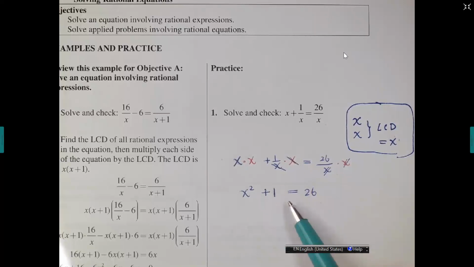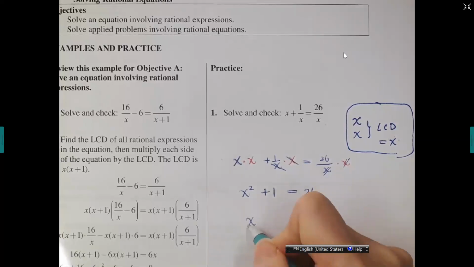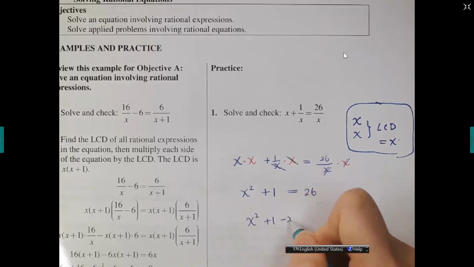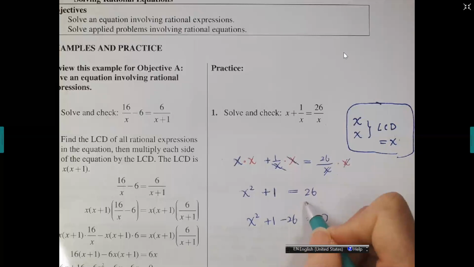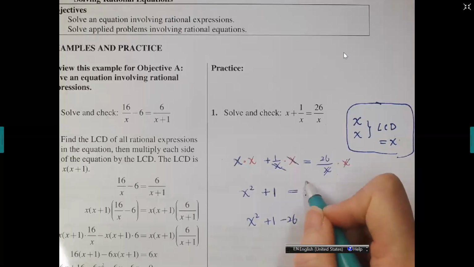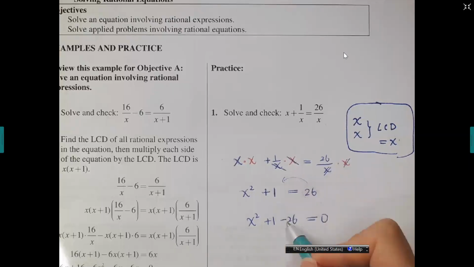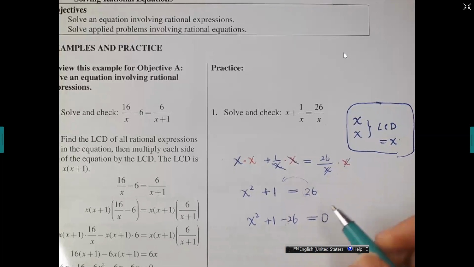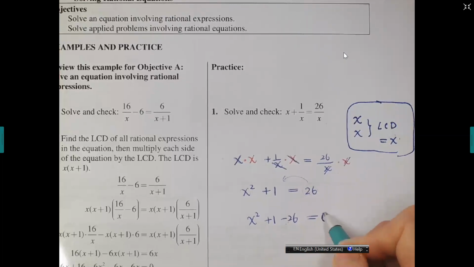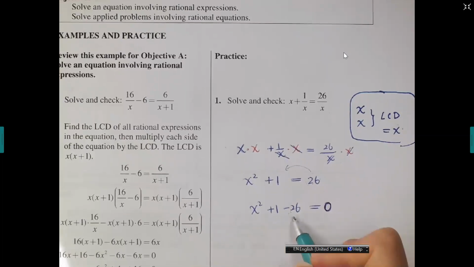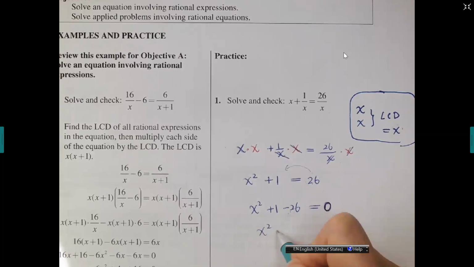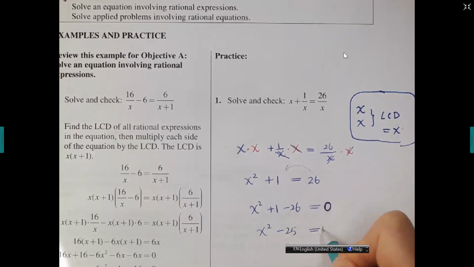I move everything to the left, and then I will have 0 on the right. So x squared plus 1 minus 26 equals 0. Take away 26 on both sides, or move this to the left side and change the sign. 26 turns into negative 26 equals 0. Then we combine the left side. We have x squared minus 25 equals 0.